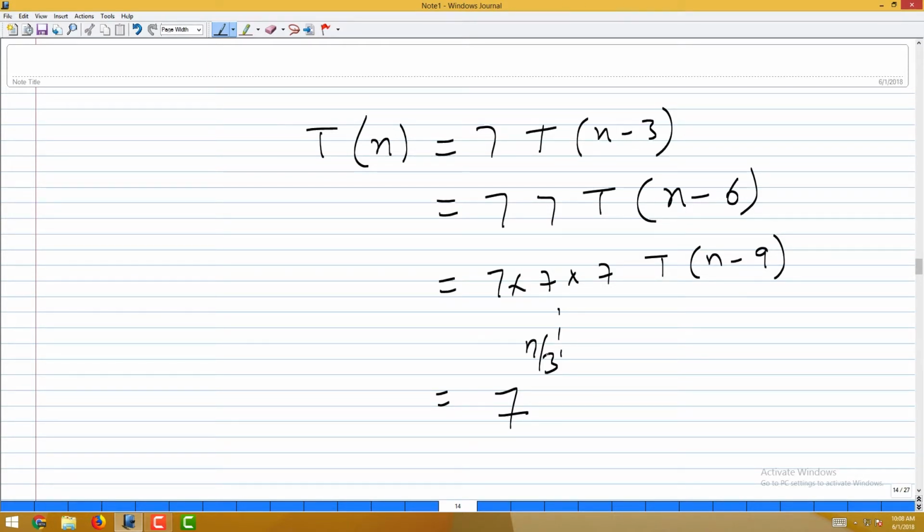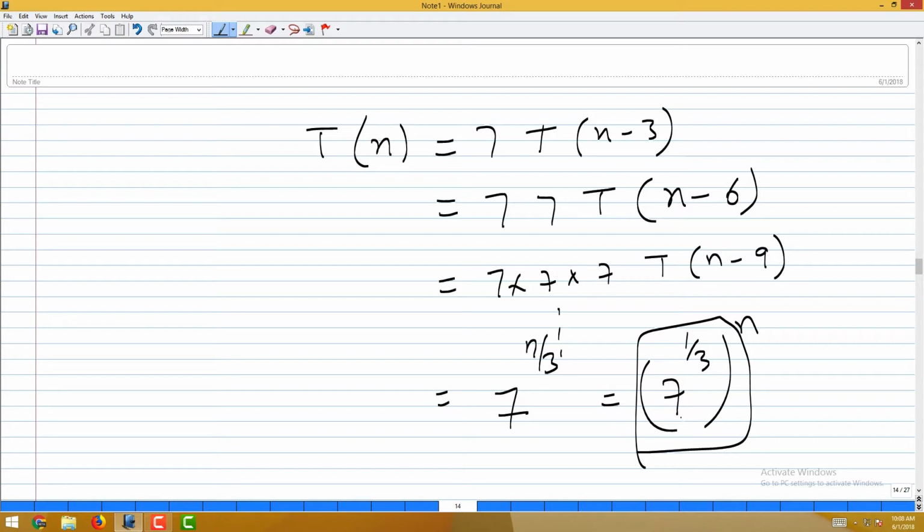So, 8 power n by 3 is 2 power n, and I managed to get 7 power n by 3. So, this is actually 7 power 1 by 3 whole power n. So, this is strictly less than 2, because 8 power 1 by 3 is 2. Okay. So, now I got an asymptotic improvement to this algorithm. It is no longer a 2 power n, this is some 1 point something. I do not know, anybody knows what 7 power 1 by 3 is? My guess would be something.